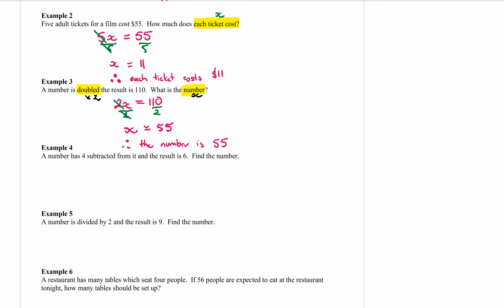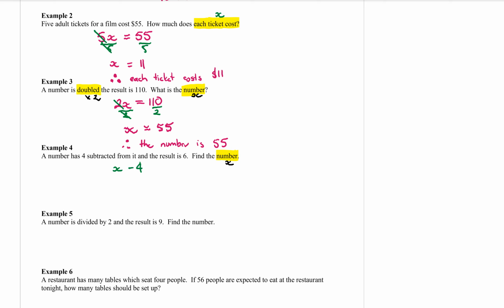Example 4. A number has 4 subtracted from it and the result is 6. Find the number. So we're trying to find a number again. So that's going to be the x that we're trying to find. It says the number, which is x, has 4 subtracted. So I have a number, 4 is subtracted, so I subtract 4.